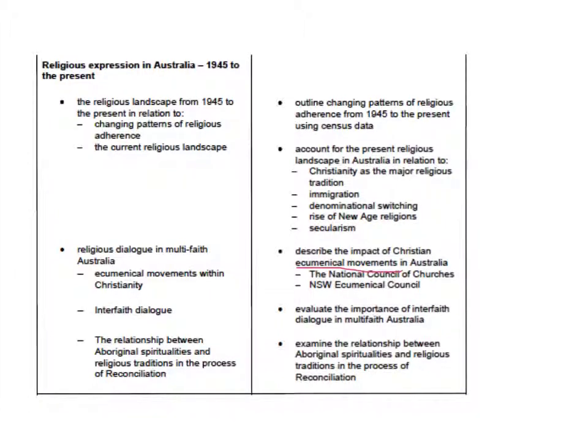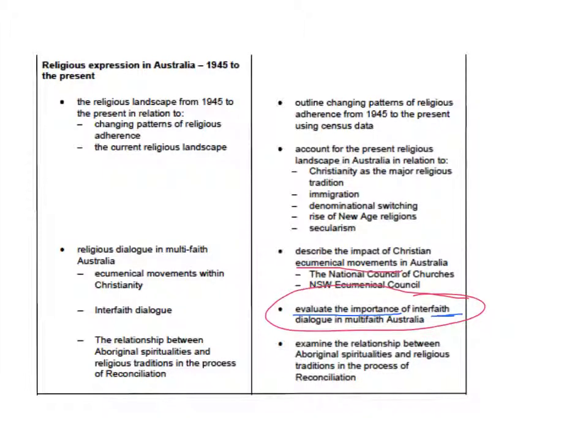What's the impact of ecumenism? Probably the most important thing in here is the idea of interfaith dialogue, and you're asked to evaluate the importance. So we'll have a look at different religions talking, or different faiths. Remember, we use this word faith now, different faiths in dialogue amongst each other, and why is this important?